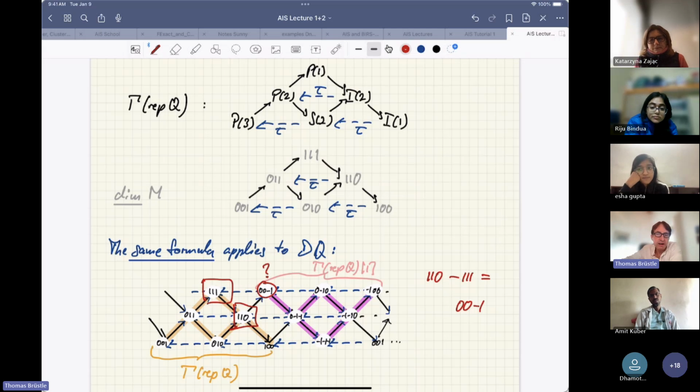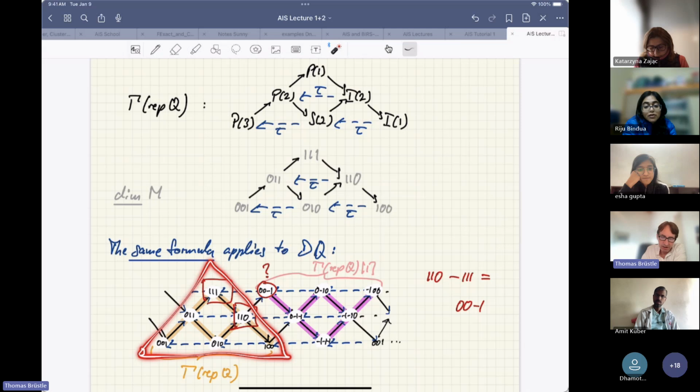Last week, in the knitting procedure for modules, for representations, you would say we stop here, because there's no module that has a negative dimension. This makes no sense. So the knitting procedure for representations would just end here. Now, in the derived category, you are allowed to continue, but keep the same formula.